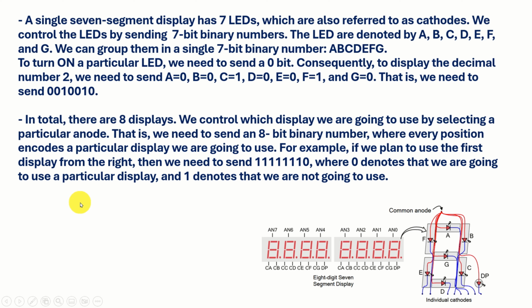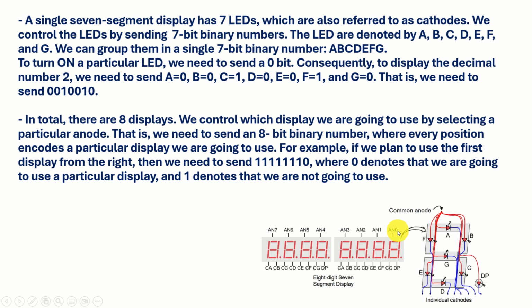In total, there are 8 displays. We control which display we are going to use by selecting a particular anode. That is, we need to send an 8-bit binary number where every position encodes a particular display we are going to use. For example, if we plan to use the first display from the right, that is this display, we need to activate anode 0.